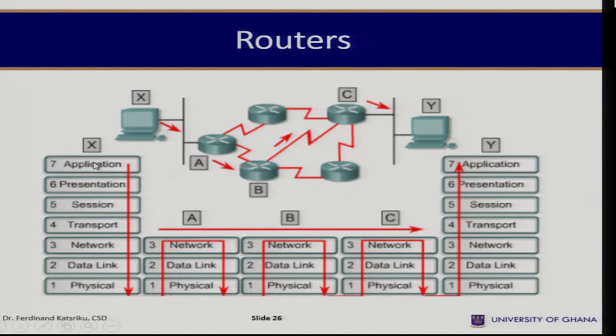At X, these are the functions that are done. At A, what is done. Now note, at B and C, what is done at these routers. The question I'll put to you is, why are the layer 7, 6, 5, and 4 layers not included under A, B, and C? That will be the question.